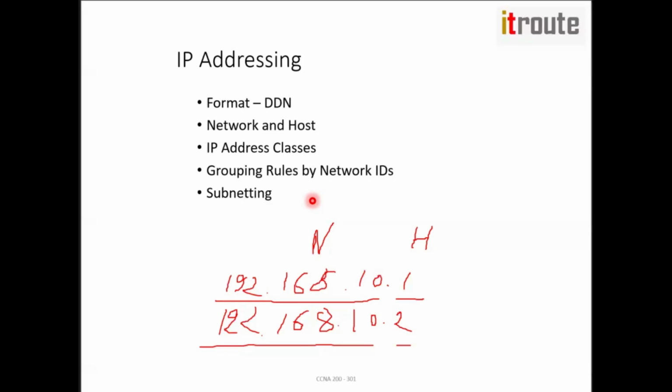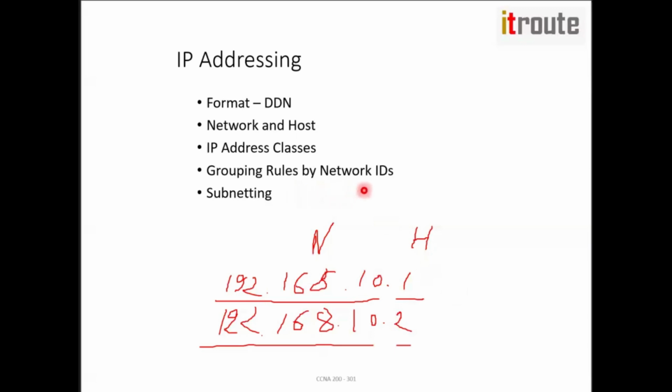We're going to discuss them in detail later in the subnetting topics, but at a minimum, an IP address will belong to some class. Let's say the address we wrote belongs to class C, and in class C a certain number of IP addresses can be created as part of that network.